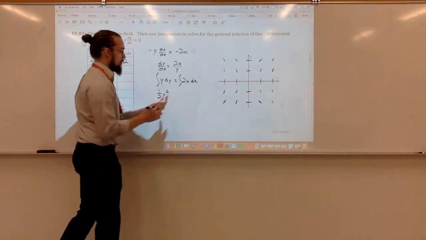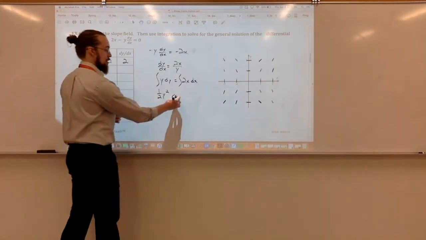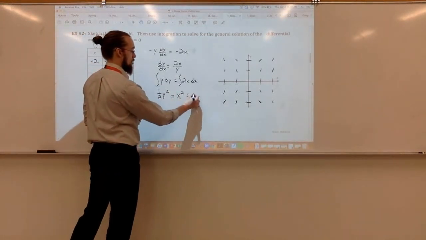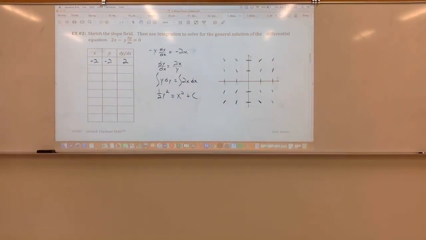Then the antiderivative of 2x is x squared, plus c. We only put the plus c on one side. Technically, it doesn't matter which side we put it on, but it's convention to put it with the x. It has to be on a side.